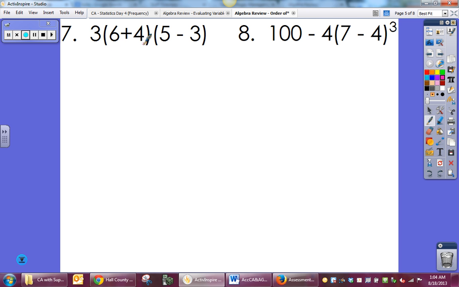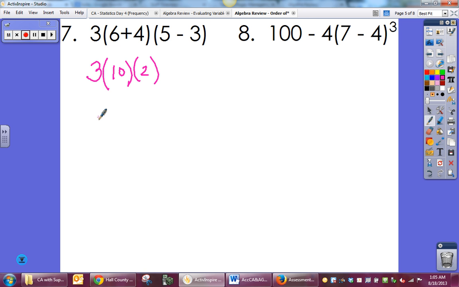I have two sets of grouping symbols. It doesn't really matter if I simplify both of them or one at a time. I'm going to go ahead and simplify both of them. 6 plus 4 gives me 10. 5 minus 3 gives me 2. And then I have 3 numbers to multiply.